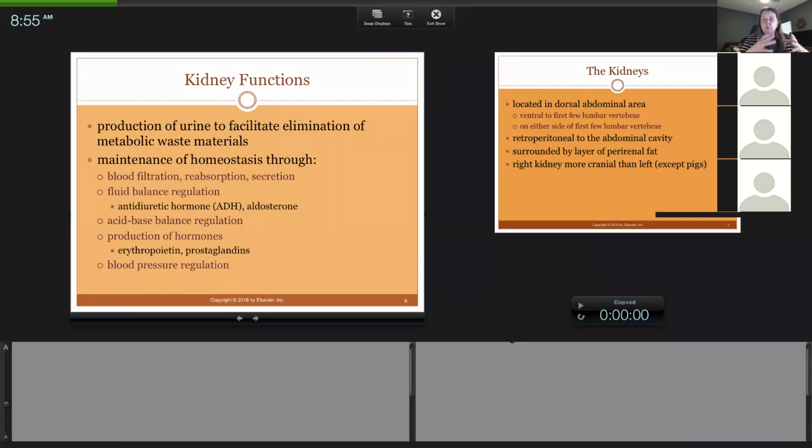So most hormones are produced in true endocrine organs. The kidney is not an endocrine organ. It's a urinary organ. But it does produce erythropoietin.